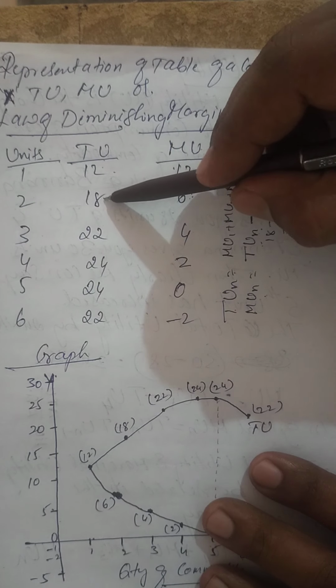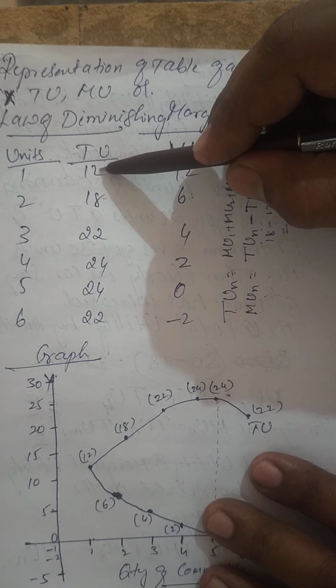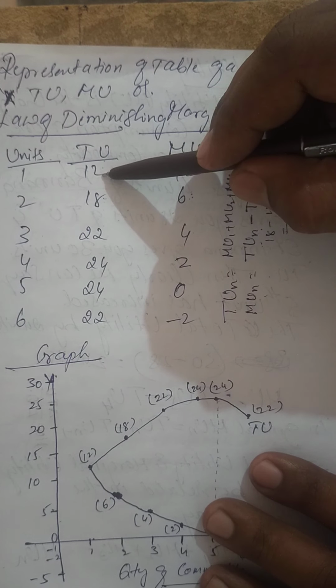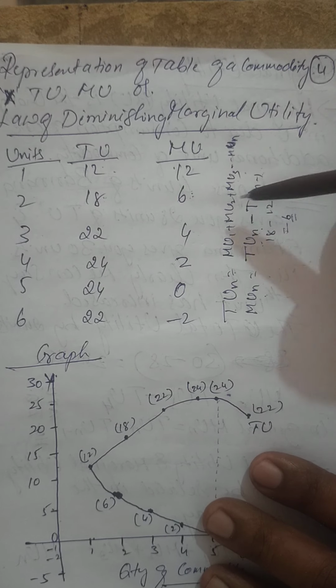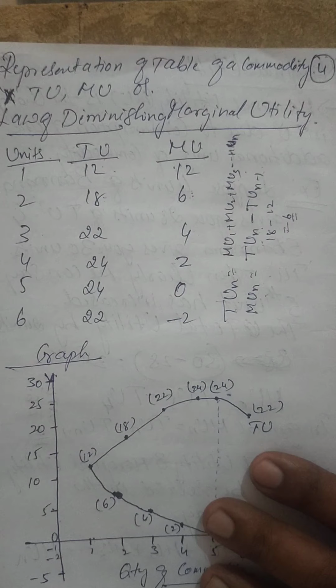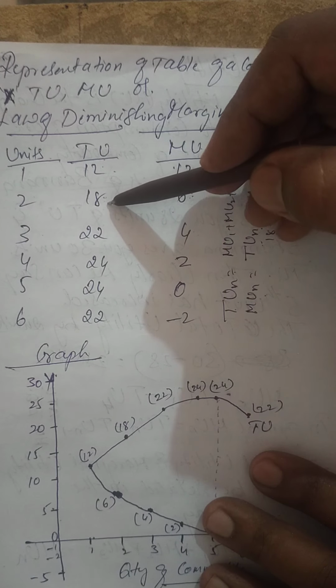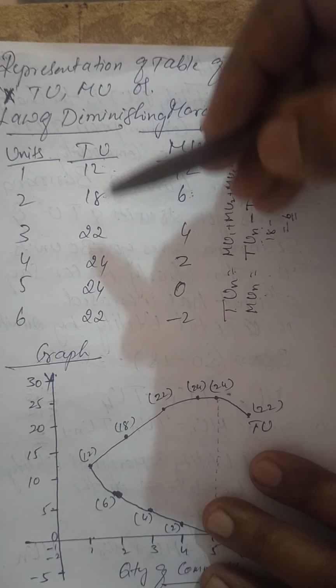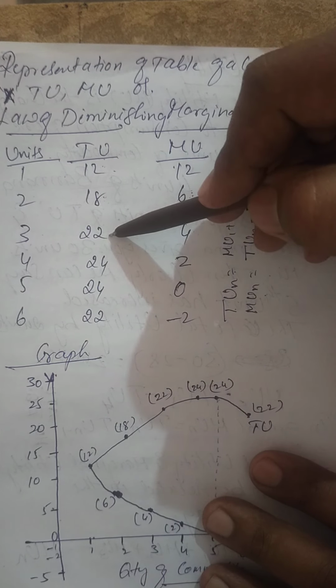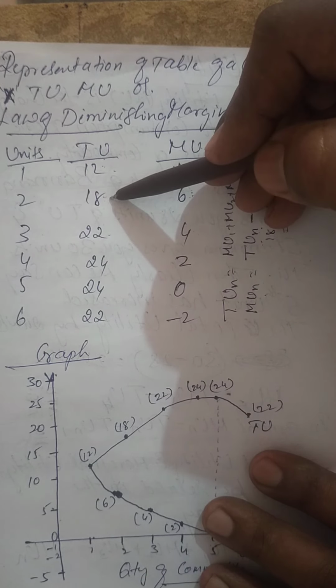This is n and this is n minus 1 value. So n minus 1 value is 12 and n value is 18. So 18 minus 12 is 6. That becomes the MU2 value. This is the nth value you are going to find out, and the n minus 1 value is this.